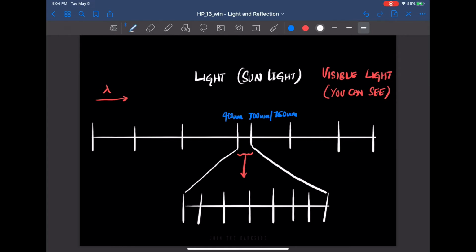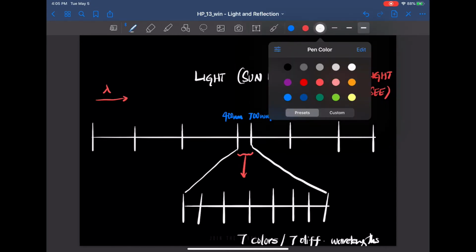So it is split into 7 colors, or 7 different wavelengths of light. We can classify visible light into 7 different wavelengths. So the first light is violet.